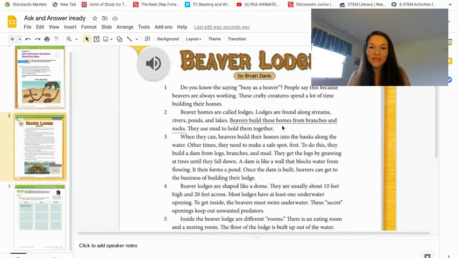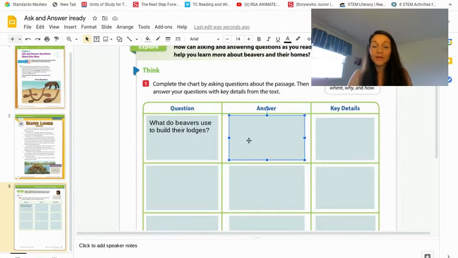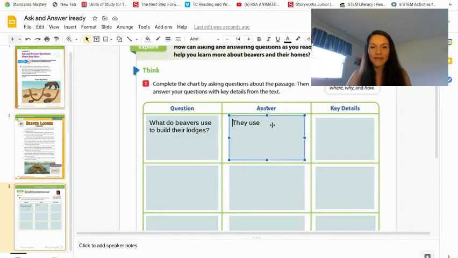So beavers build these homes from branches and rocks. So I am going to write a complete sentence though. They use, go back to my text, branches and rocks. So I'm going to write that right here. Branches and rocks. That's my answer.